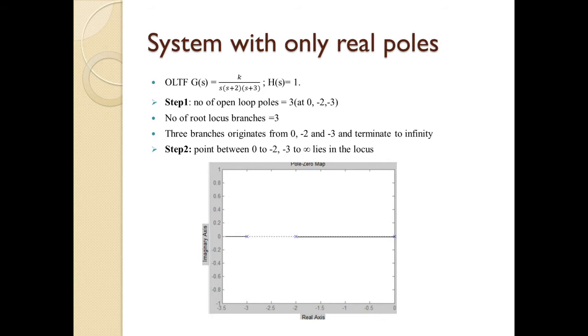So, we can say that the points between 0 and -2 and from -3 to -infinity lie on the locus, and the section from -2 to -3 does not, and that is why it is represented by this dotted line.